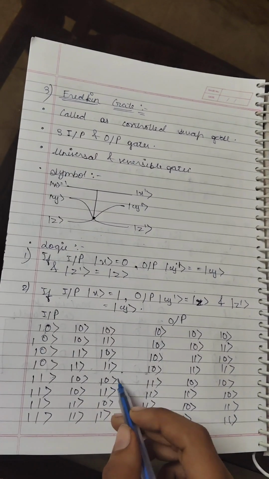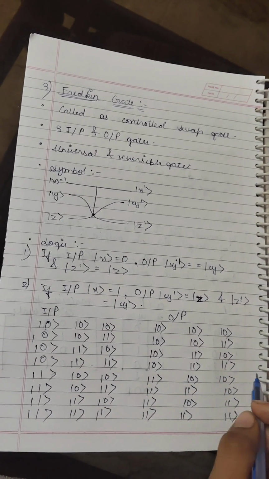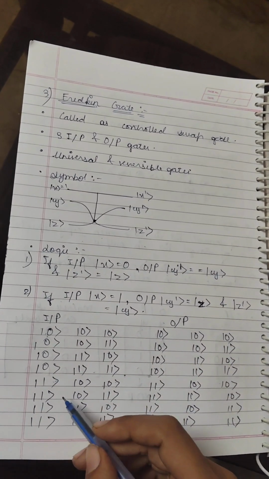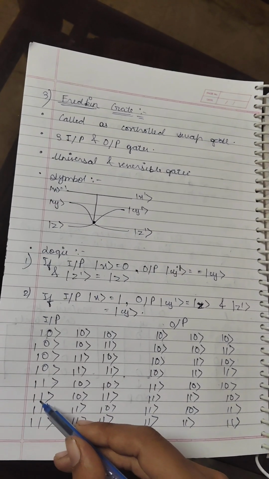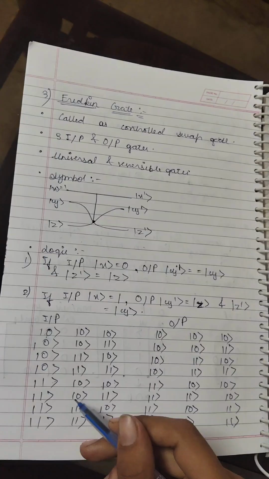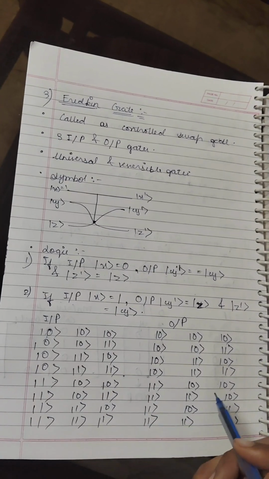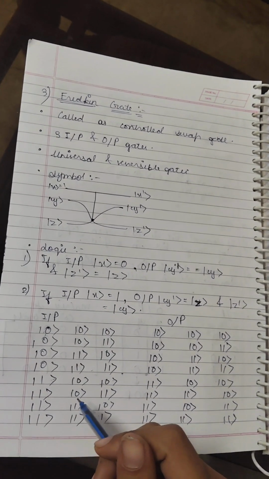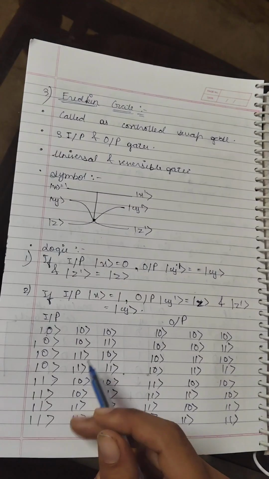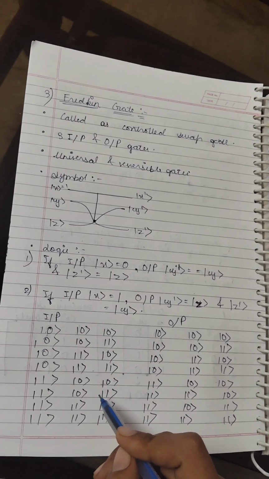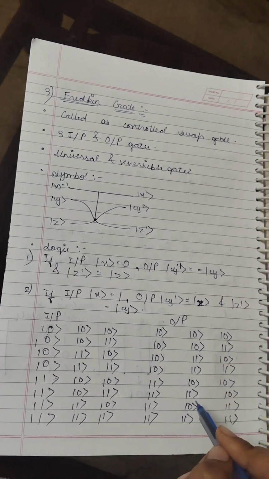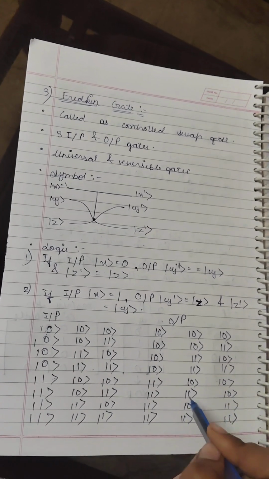Here both the qubits were 0 0, so it is not that visible. But if we go to the next step, when the control bit is 1 and y equals 0 and z equals 1, here the swapping has happened. y equals 0 and its value has gone to z', and z equals 1, its value has come to y' as 1.